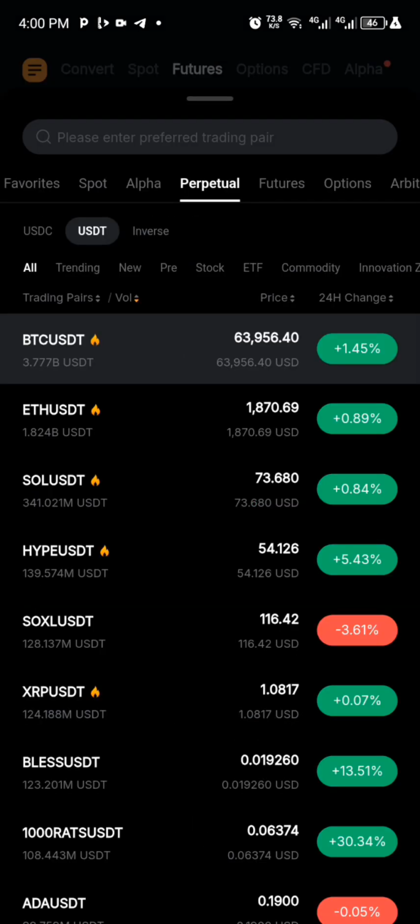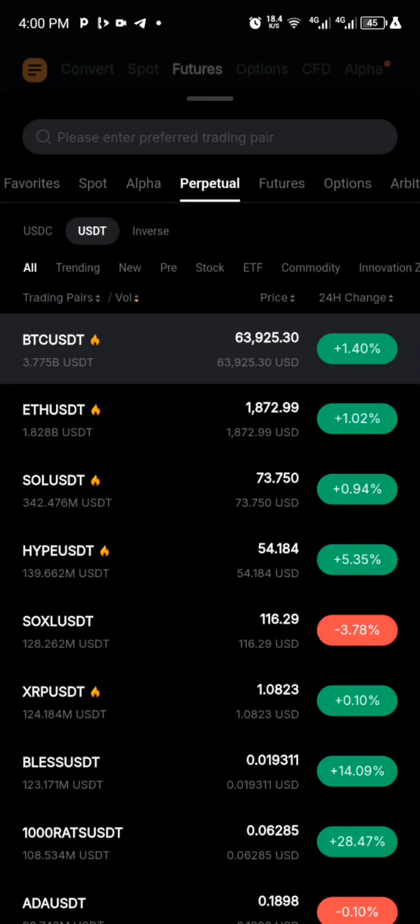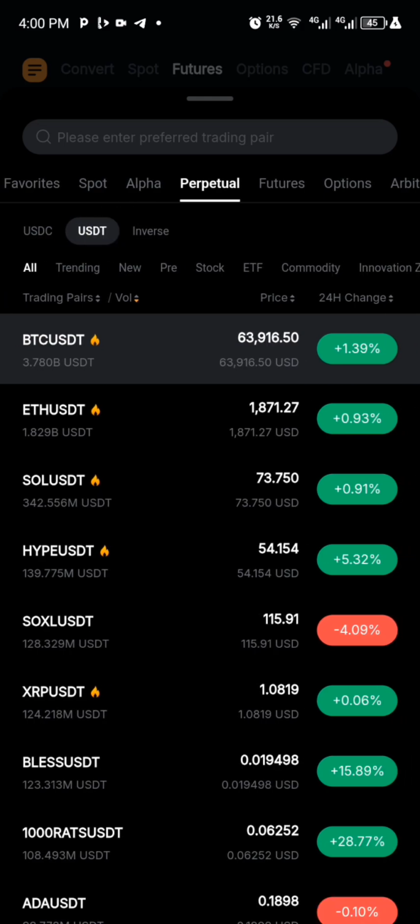It's going to take you to where there are different pairs. As you can see, there are a lot of pairs. This particular one is crypto. Make sure it is under USDT. If it's not on USDT, kindly click on USDT so that it will take you there.